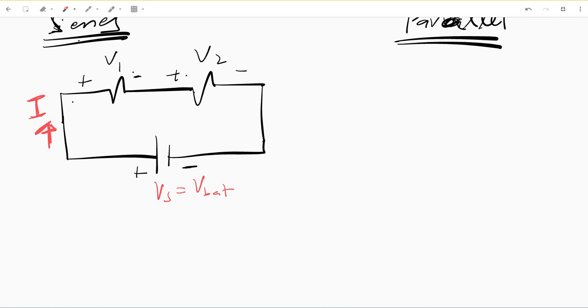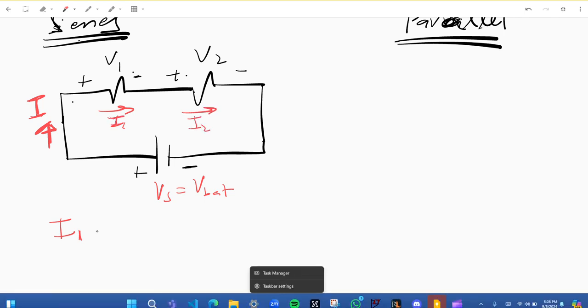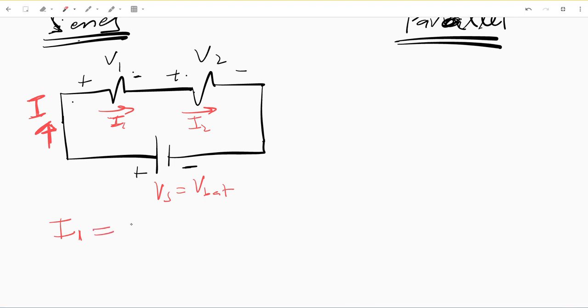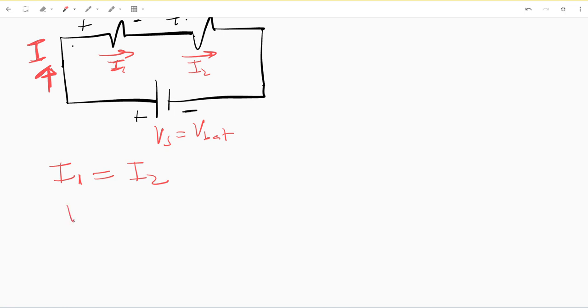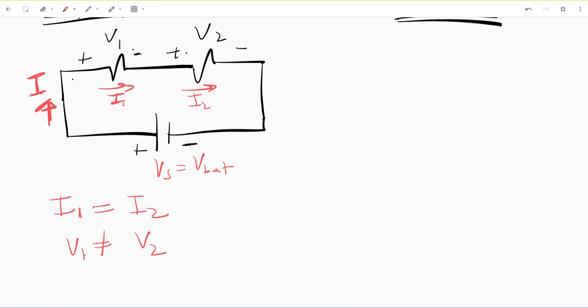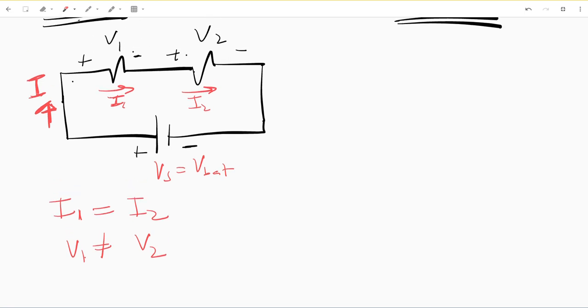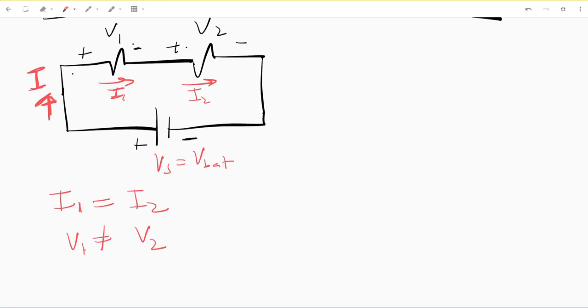We can say that I1, the current through here, and the current through here, I2, I1 equals I2. And V1 does not equal V2. And this goes back to that same concept of ordinary nodes and extraordinary nodes.